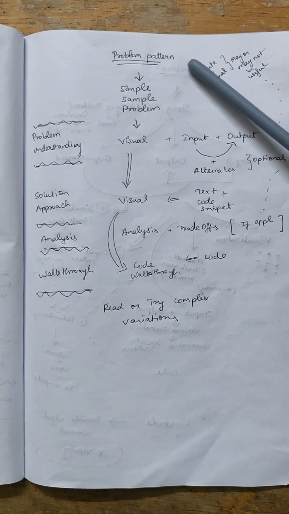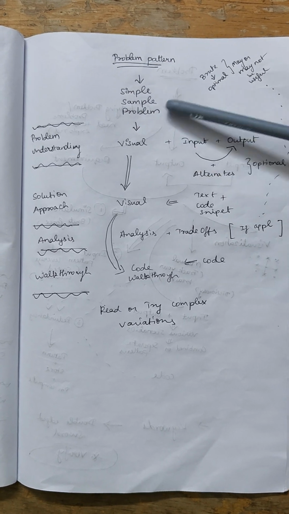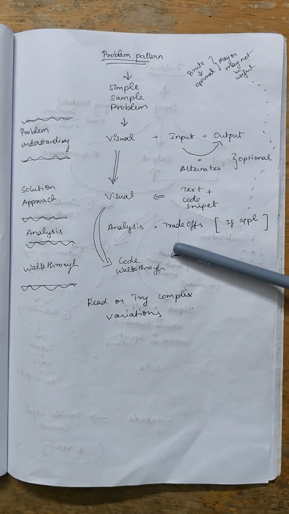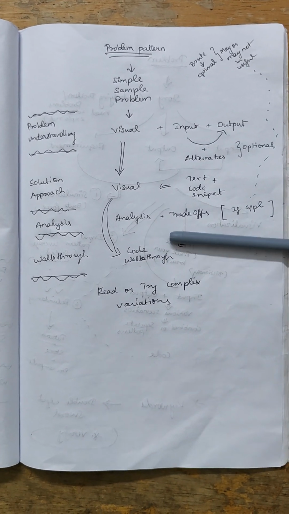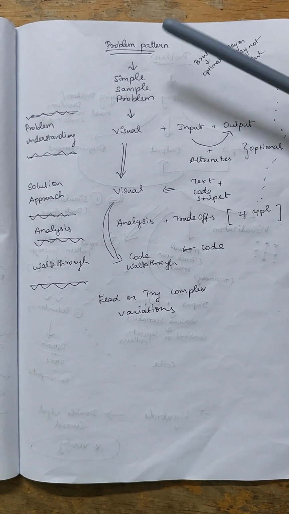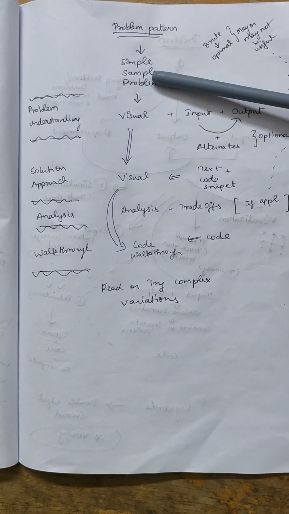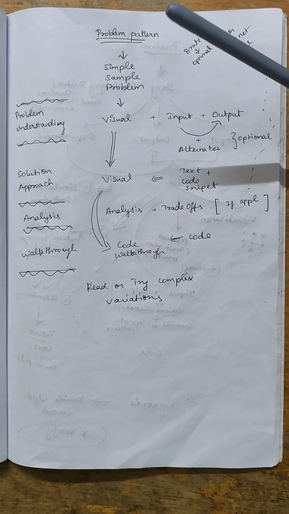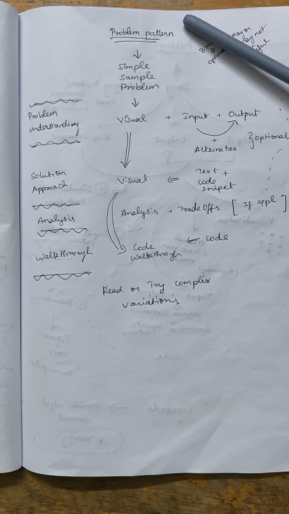Similar to how we dealt with data structures and algorithms, up until this step you need not even touch the code. Every problem pattern will have one simple sample problem which falls under this pattern.